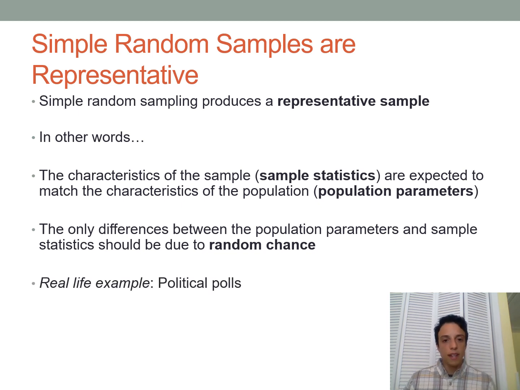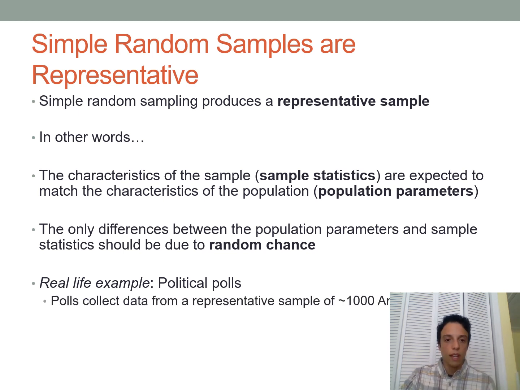And a real-life example of how this is used is one that we see very often, especially every time election seasons roll around, and that's in political polls. What political polls do is they collect data from representative samples of typically about 1,000 voters per poll. And they ask those 1,000 people who are a representative sample who they're going to vote for.